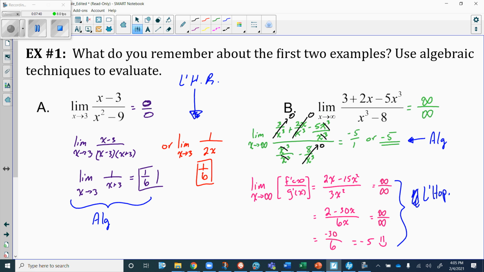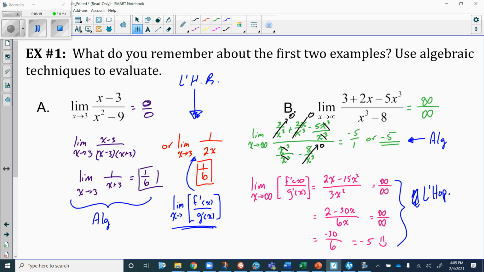One of the things that I forgot to do on the one in red is I really should have written the limit in such a way that I was showing I'm using L'Hopital's rule, where I should have said f prime of x over g prime of x. This is what I need to do to actually show that I'm using L'Hopital's rule, and I forgot that bit here.